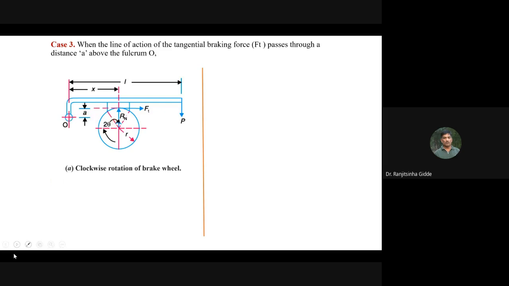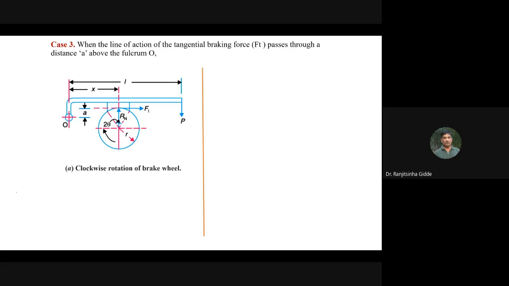This line passes through the fulcrum, and the line passing through this Ft, there is an offset, but that offset is provided below the tangential force line. So here, now we are going to write the equation by considering equilibrium and taking moments about the fulcrum.